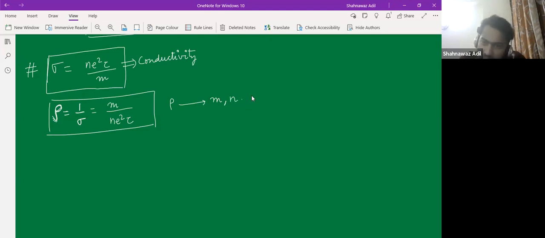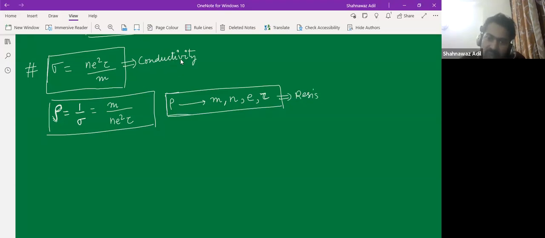This is dependent upon the charge, and this is dependent upon the relaxation time. These are the four factors on which the resistivity of the material is dependent, right? So this was about resistivity, this was about conductivity, and we have another quantity.